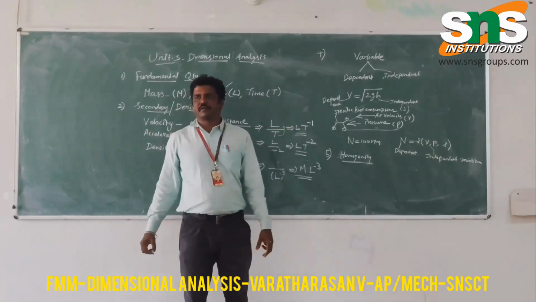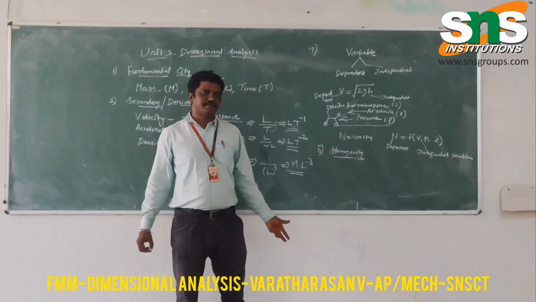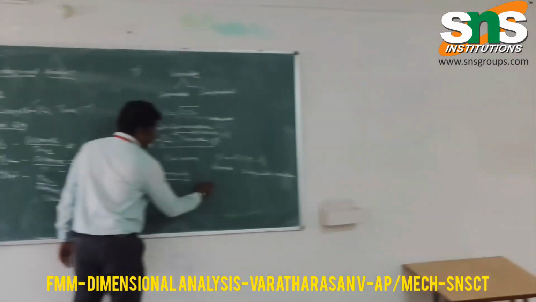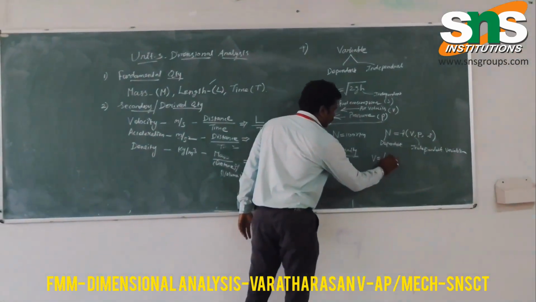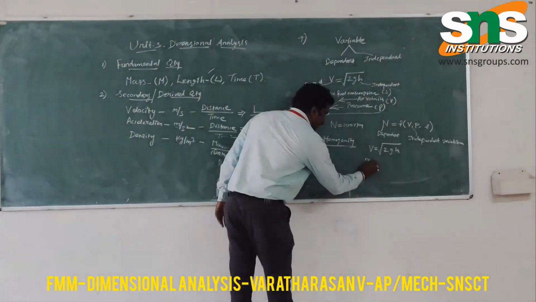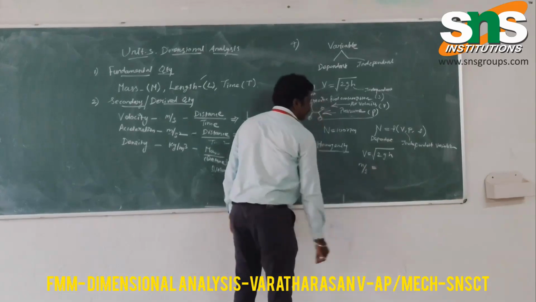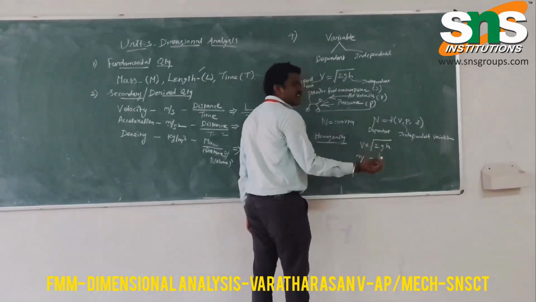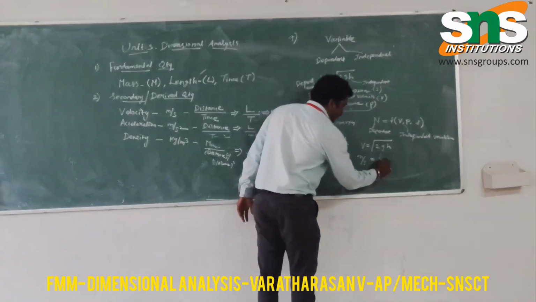Anyone of you tell me. Meter per second. Am I right? So here we take the equation root of 2gh. The velocity unit is meter per second. Here we just take a root, and 2 is a constant.